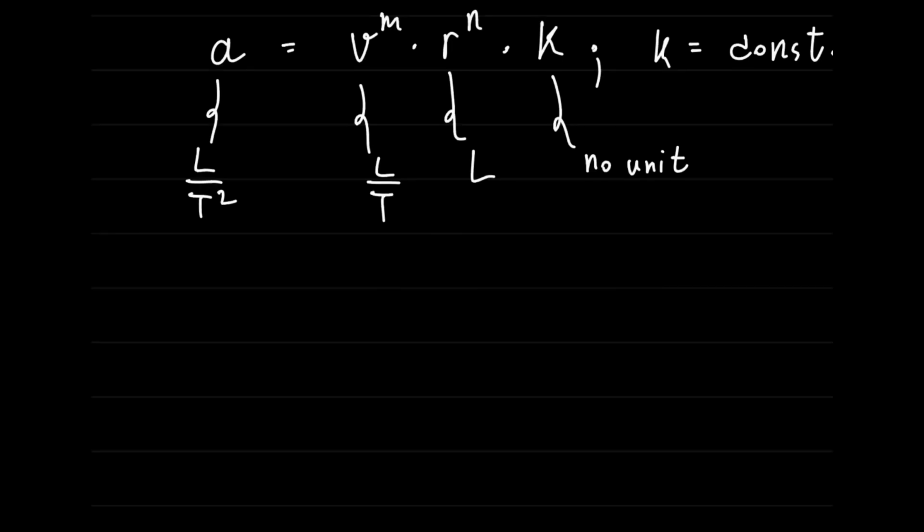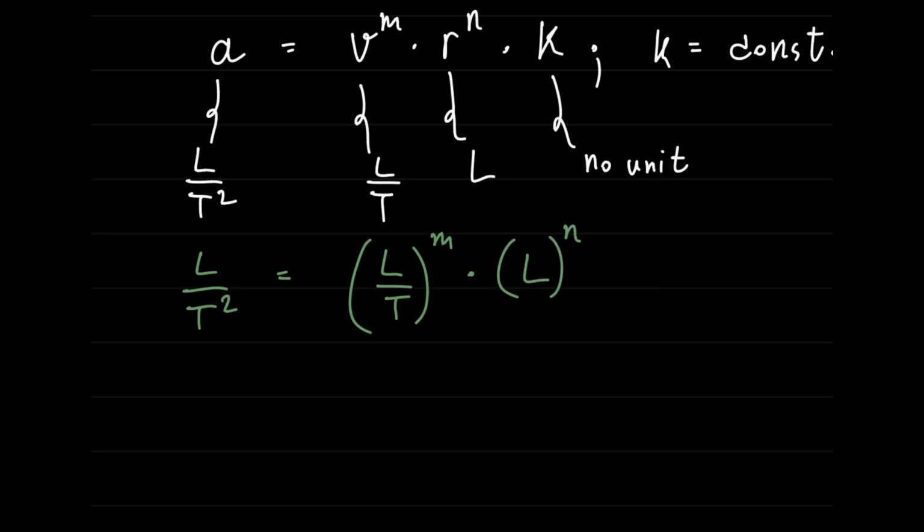We can find the values of m and n by making the two sides of the equation have the same dimensions. So we have L over t squared equals L over t to the power of m times L to the power of n.